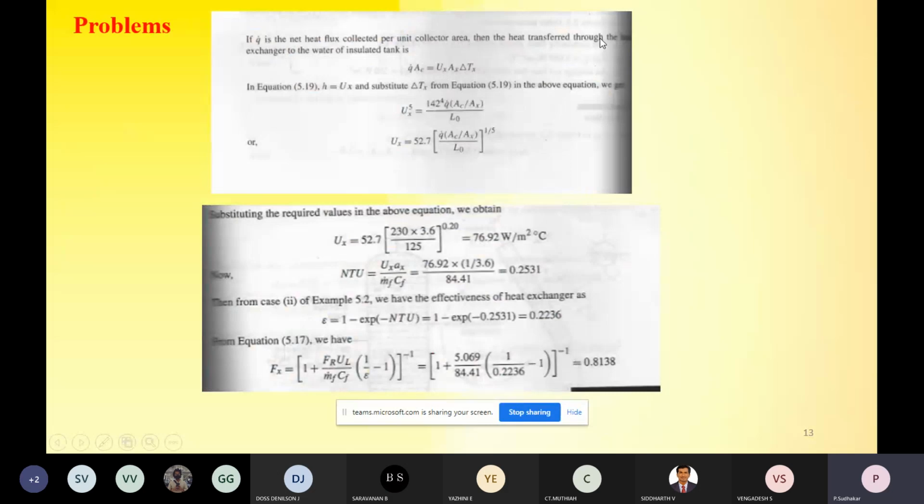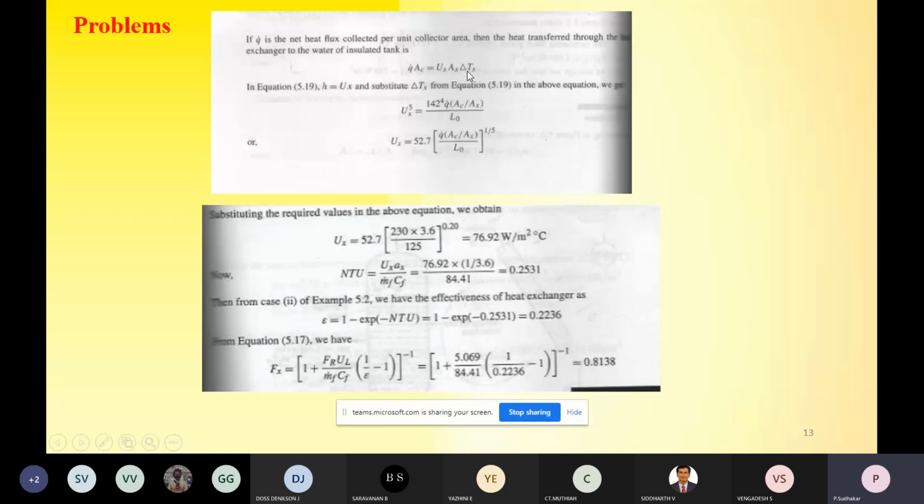Then the heat transfer through the heat exchanger to the water of the insulated tank can be written as Q dot Ac equal to Ux Ax del Tx. That is, Q dot Ac equals Ux, the overall heat transfer coefficient of the heat exchanger, times Ax, the area of the heat exchanger, times the temperature difference between the heat exchanger and the storage tank, del Tx.